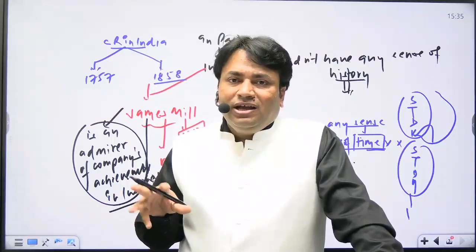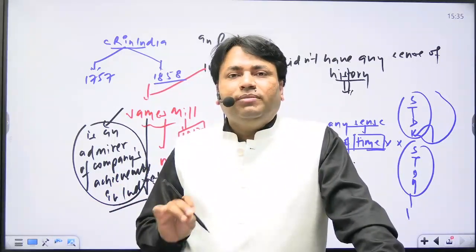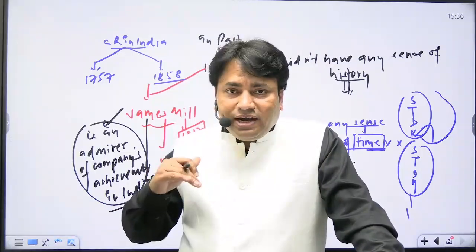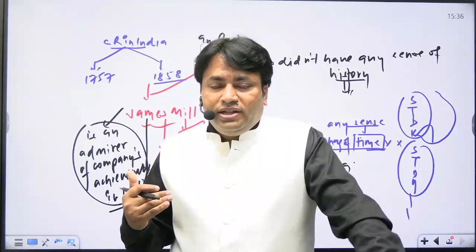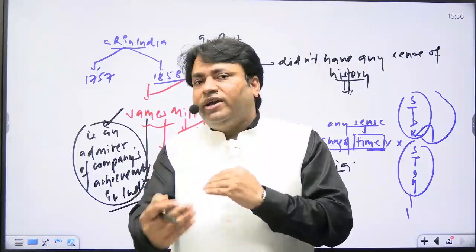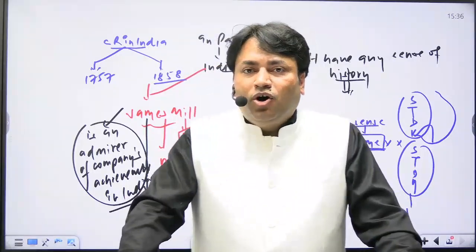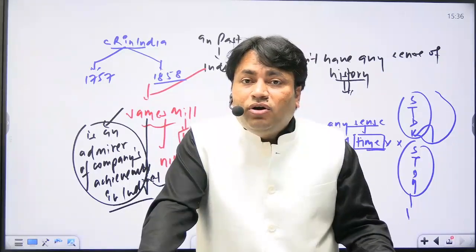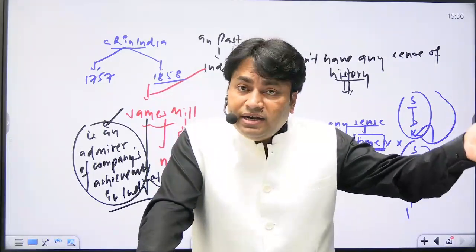So still we have to introduce some elements of autocratic rule in India, right? It means that they are also trying to justify their autocratic control over India in the shadow of the theory of Oriental despotism.